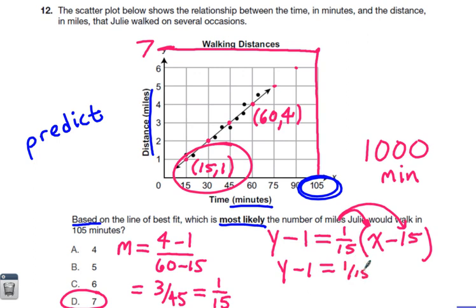So 1/15 x minus 1, and then add 1 to both sides. And I'm going to go over here on the left to make a final equation of y equals 1/15 x, plus 0. Which makes sense because isn't it obvious that our y-intercept is going to be 0 if this line went all the way to the y-axis?